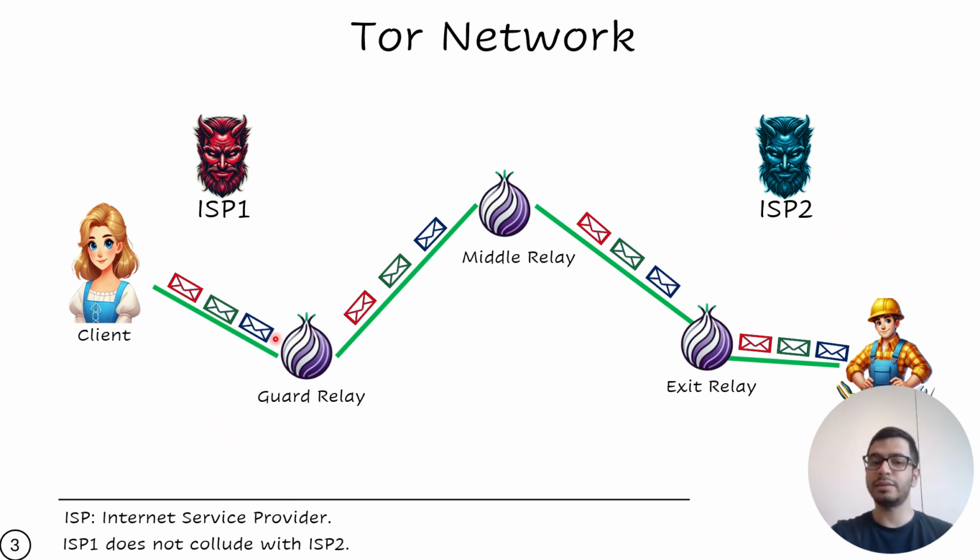In the end, once she wants to forward her packets or messages to the Tor network, she will start encrypting them with the keys that have been exchanged with the exit, middle, and guard relays respectively.